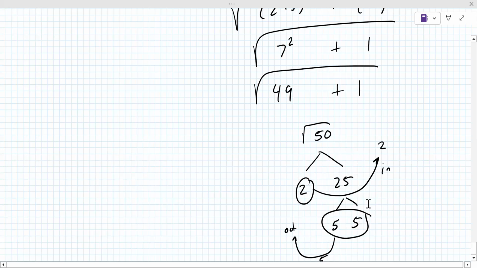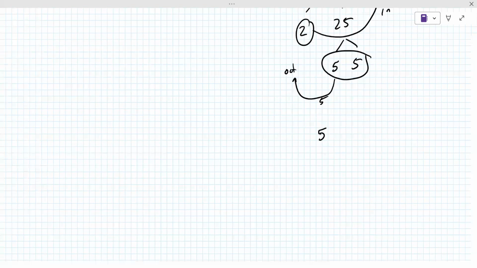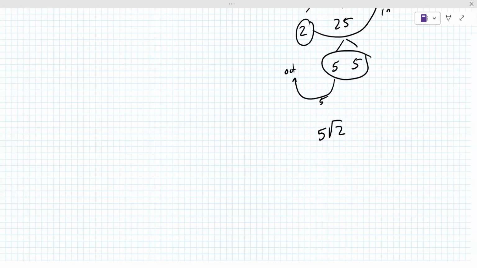So it becomes 5 square root 2. And that is your distance. Your distance is 5 times the square root of 2. Oh, wow.